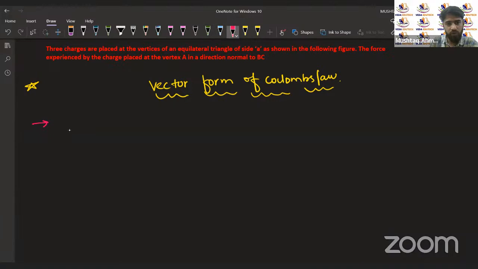Suppose we have two charges Q1 and Q2 here, and they are separated by a distance R. The force on Q2 because of 1 we'll write as F21, and the force on Q1 because of 2 we'll write as F12.